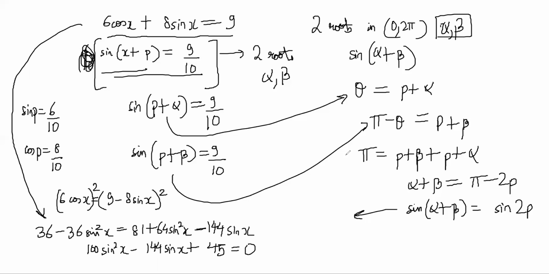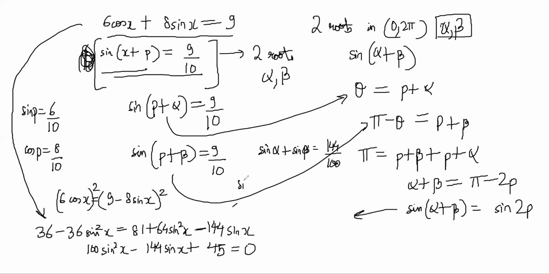This is my equation which has roots sine alpha and sine beta. You can say sine alpha plus sine beta is equal to 144 by 100, and find sine alpha sine beta too, but those things are not helping you directly. So it is annoying.